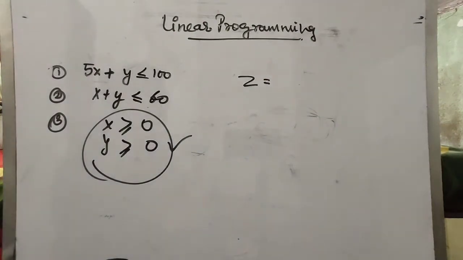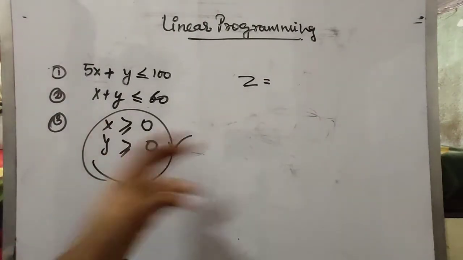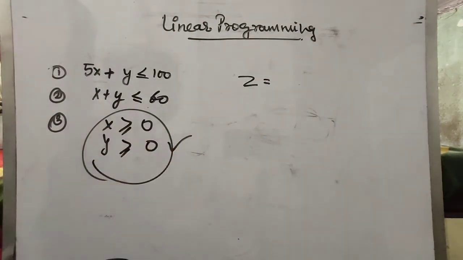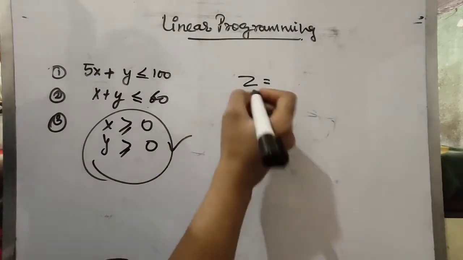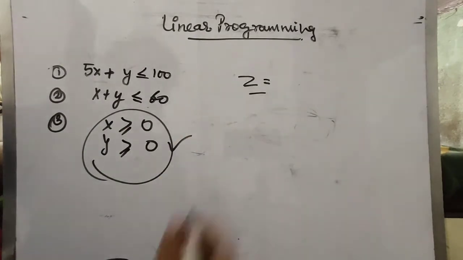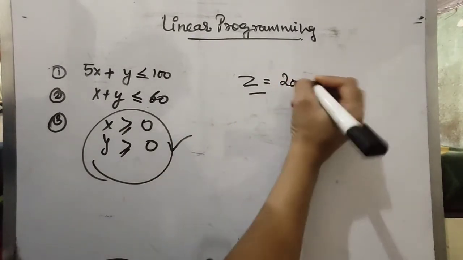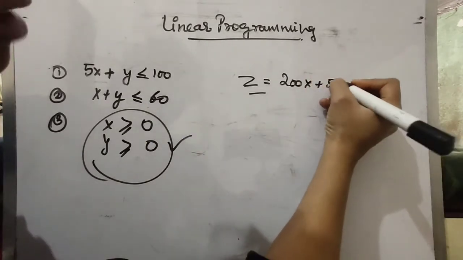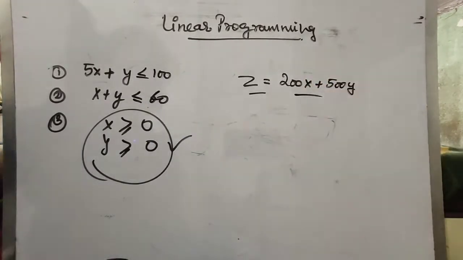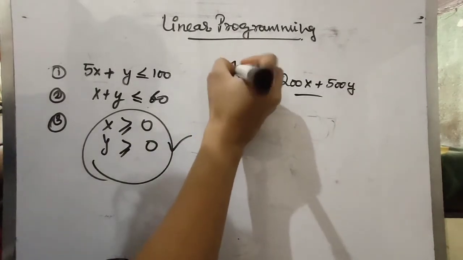We'll understand it when we plot the points that we will find. Right now I'm just writing the z equation, that is 200x plus, for example, 500y, that we need to maximize.